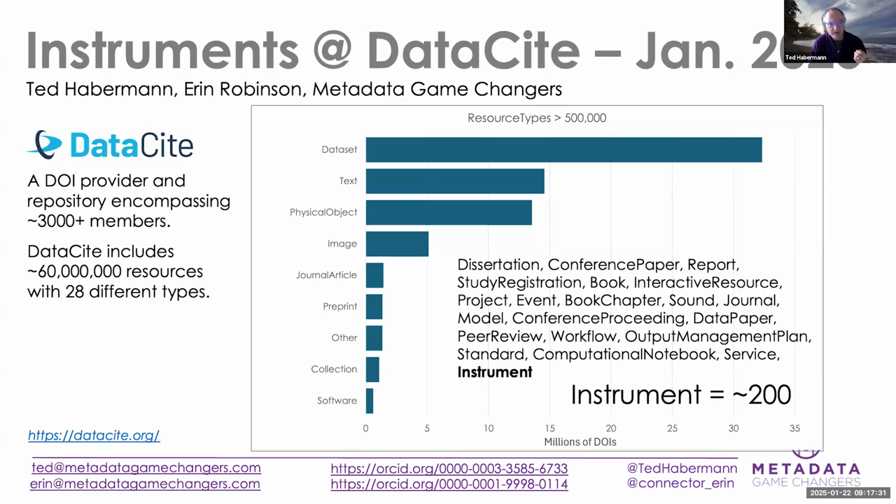What's important about instruments at DataCite is we're really at the beginning of giving digital object identifiers to instruments, and that gives us a chance to work with the community, like so many that are here, in terms of talking about how we can take advantage of DataCite and its capabilities to describe these instruments and connect them into the larger research picture.